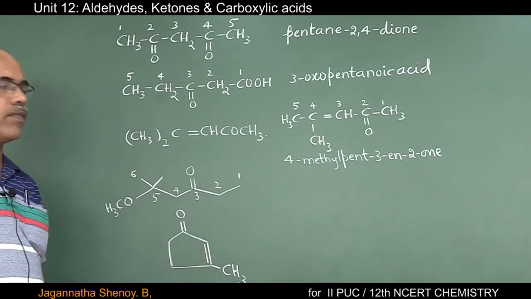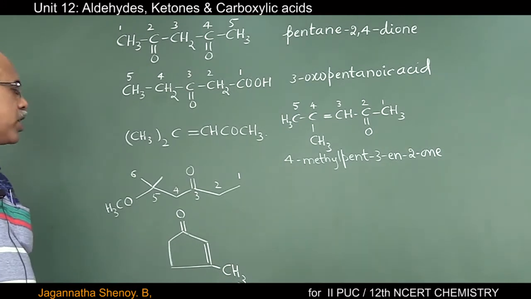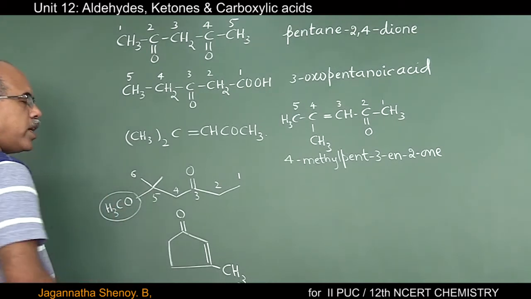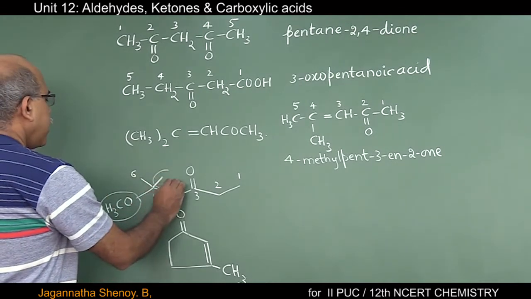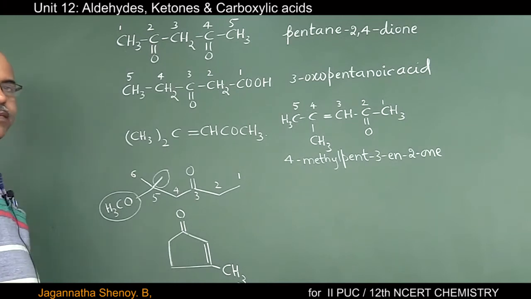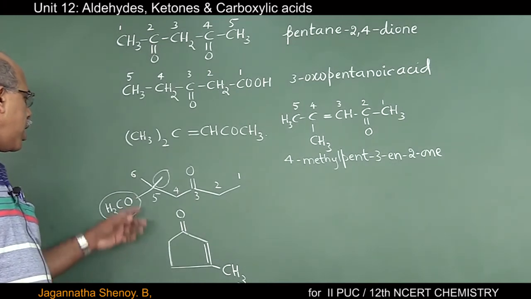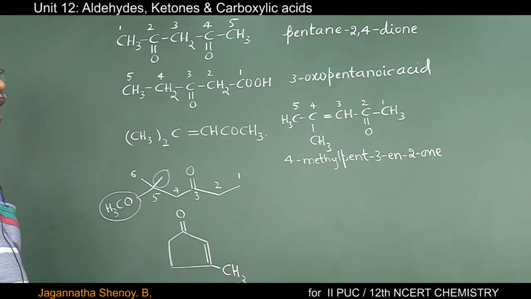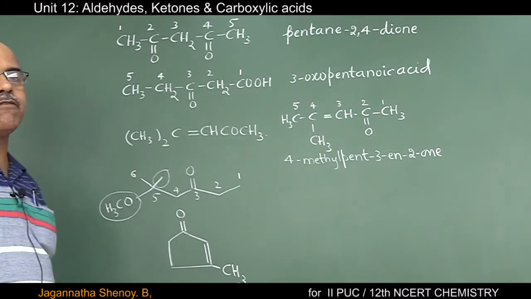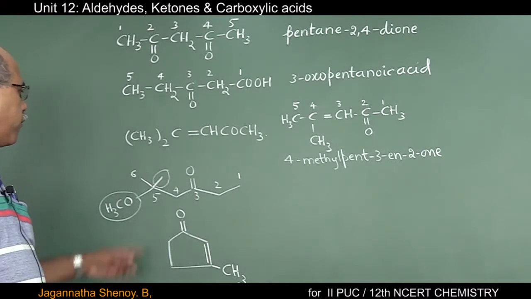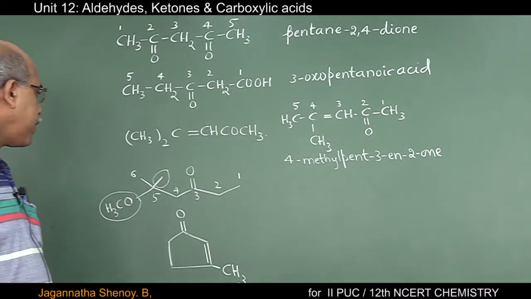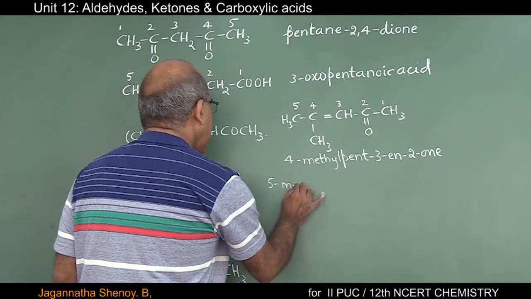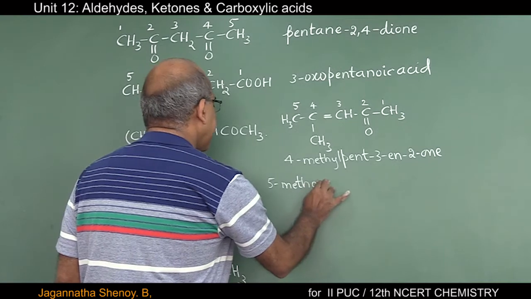So what are the side chains or the substituents you have to consider? You have a methoxy substituent here and here you have a methyl side chain. So between methyl and methoxy, methoxy should come first alphabetically. Where is it present? It is present on the 5th carbon atom. That's why I write it as 5-methoxy.